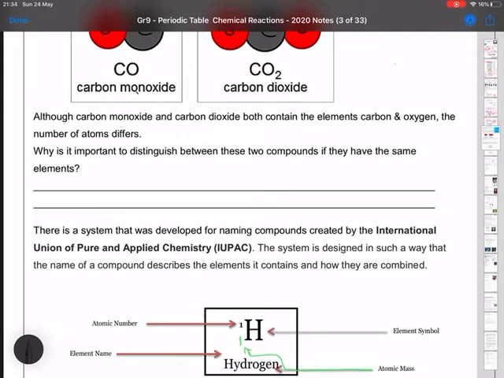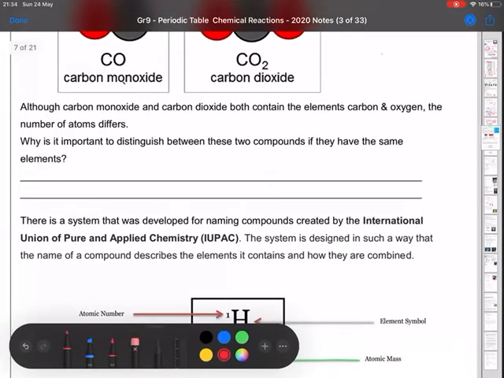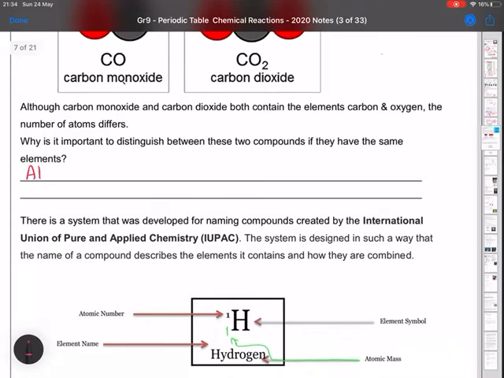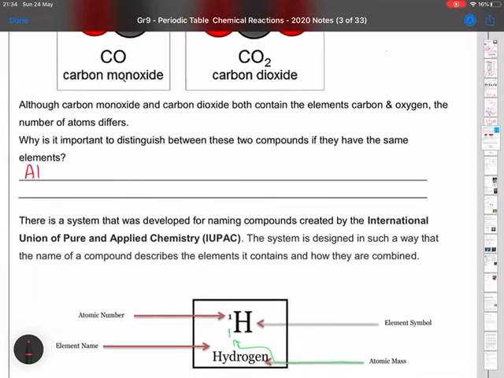So why is it important to distinguish between the two compounds if they have the same elements? Well, because although the two compounds consist of the same elements, the ratio of the elements is different, and so the properties of the compounds will also be different. So like I said, we breathe out CO2, but carbon monoxide, CO, is an extremely poisonous gas.